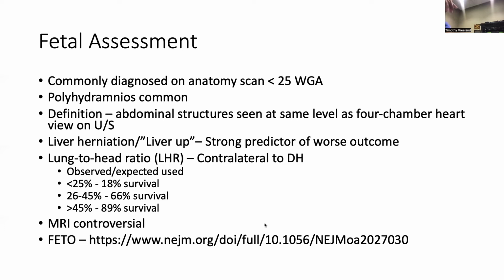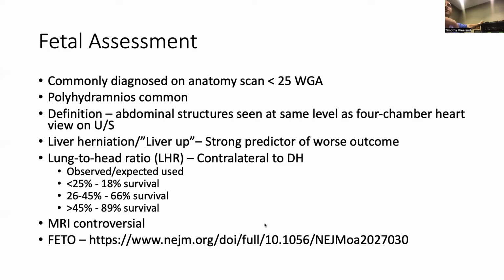Polyhydramnios is a common finding that goes along with diaphragmatic hernia. The definition is that there's viscera or liver seen at the same level as a 4-chamber view of the heart on ultrasound. The liver being up in the chest is a very strong predictor of worse outcome. We call that a liver-up presentation.